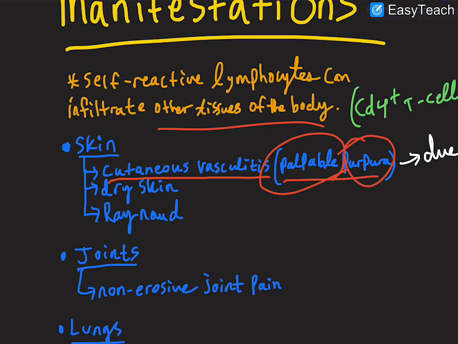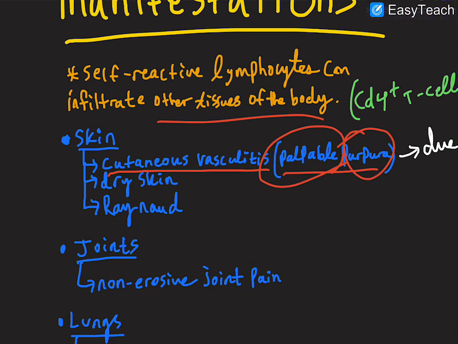We can see other skin findings like dry skin, for example, right? We can see dry skin, and then we can also see Raynaud's, right? We know we see Raynaud's in a lot of autoimmune diseases, right? But one of those diseases that we see Raynaud's in is Sjogren syndrome. Okay, so you can see palpable purpura, dry skin, Raynaud's.